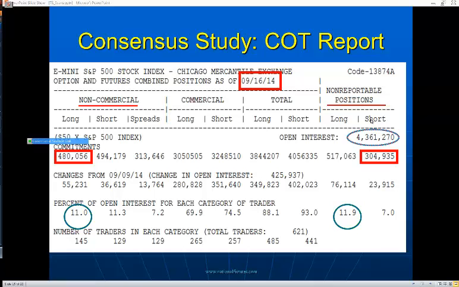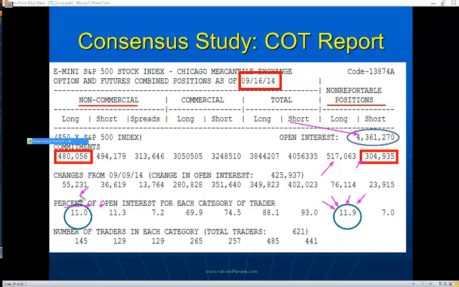So how did the report used to work in the old days, and how does it work today? Well, this is how it works. And I guarantee you, folks, as long as you watch the open interest numbers, they'll change. And so will the net positions. But that's why you want to watch the percent number. You want to look at that percent of open interest.